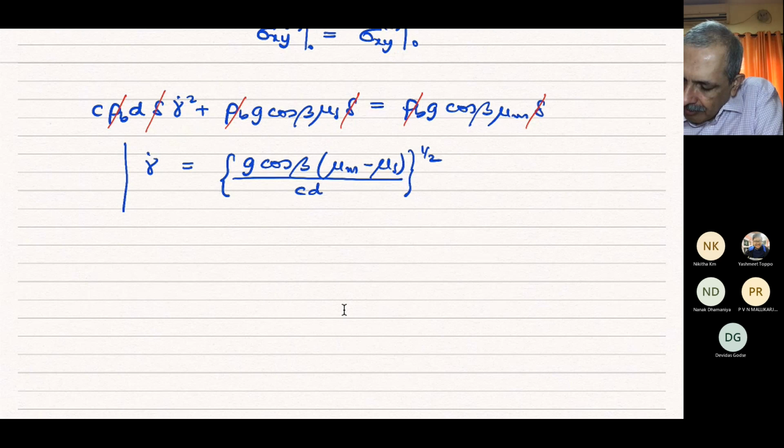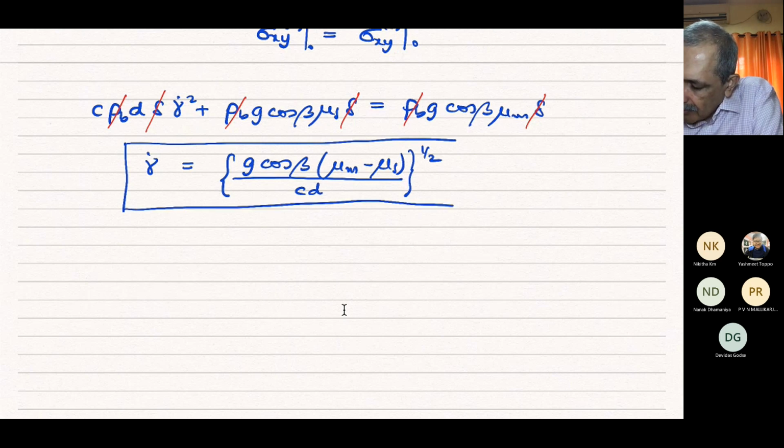If I just do it a little, you just get this. So if we assume this to be the shear stress, then you can clearly see that this is the shear rate that you will get.